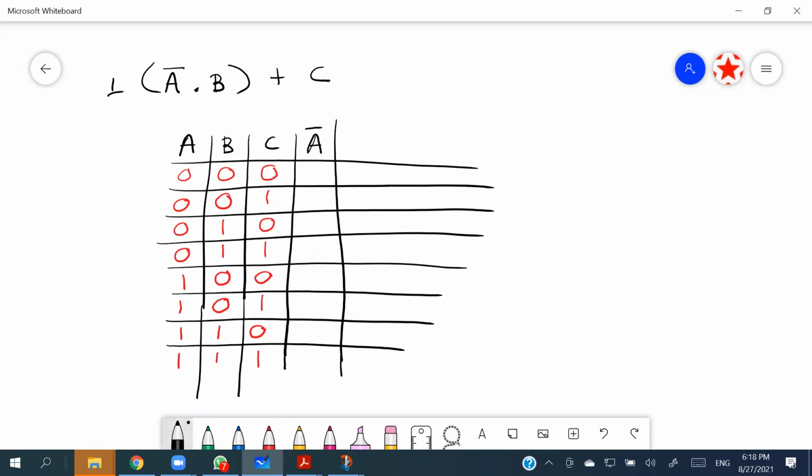How I'm going to create a bar is just looking at the column A. So it is easy to create a bar. So this is going to be 4 ones and 4 zeros. So we are just flipping, or making the opposite of the A to find the A bar, right?